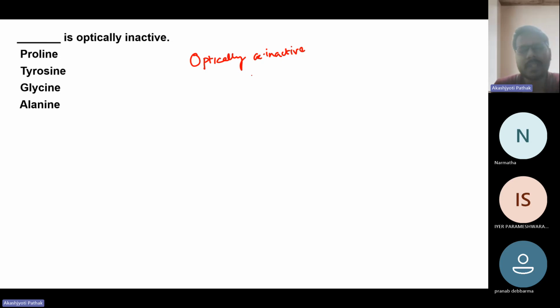If my molecule is chiral, then what happens is, you have light, right? The light is vibrating in different planes. Now, when you pass it through a polarizer, this light gets plane polarized and it will now vibrate in only one plane.